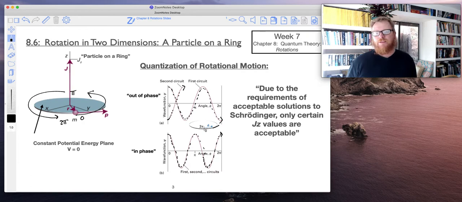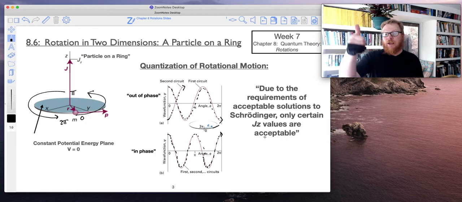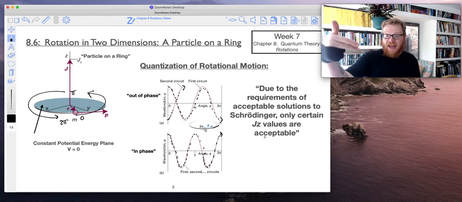So due to the requirements of acceptable solutions to Schrodinger, only certain Jz values are acceptable. So in other words, to maintain this in-phase rotation, it's really going to be all about the angular momentum. We're going to fix the angular momentum to give us that in-phase rotation, okay?